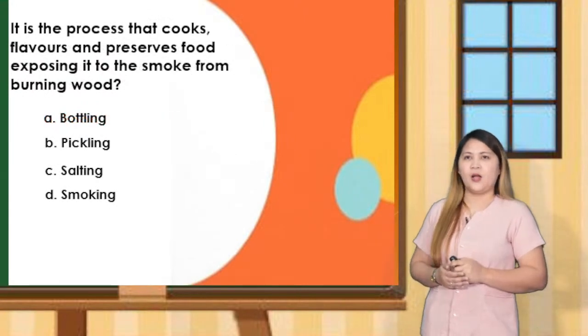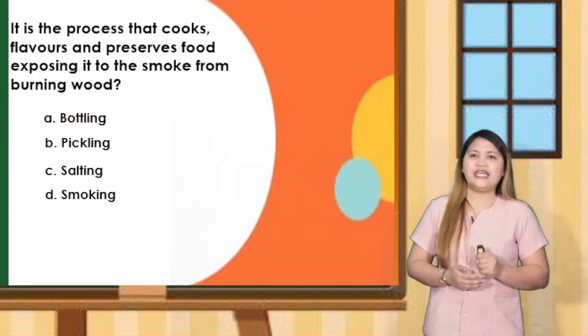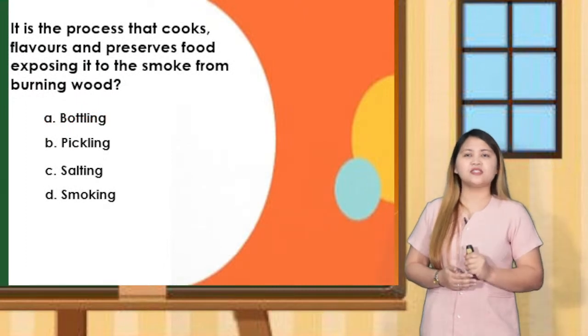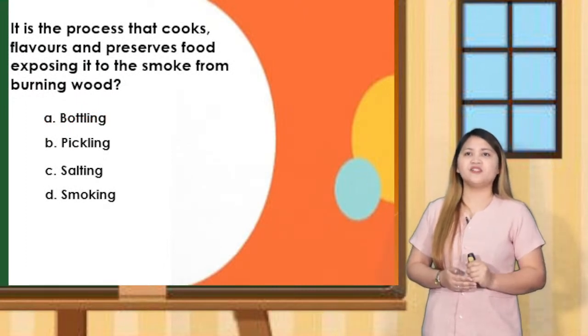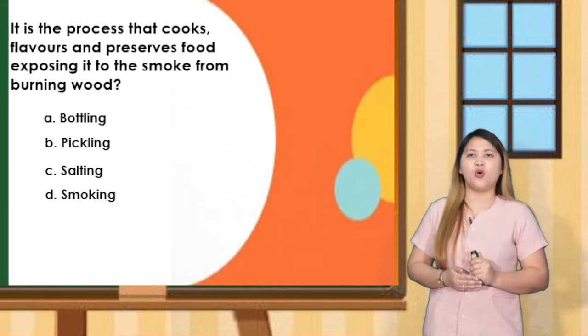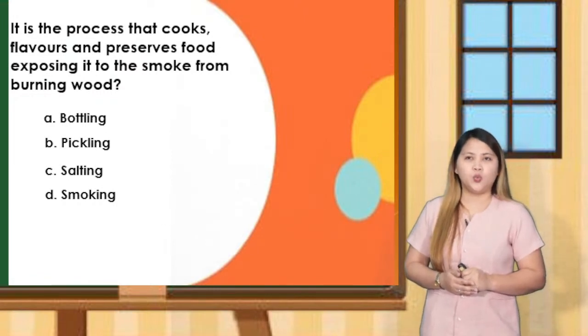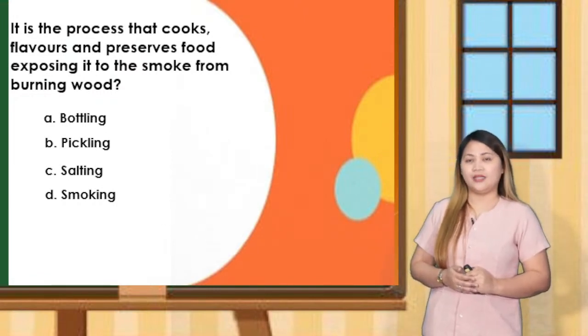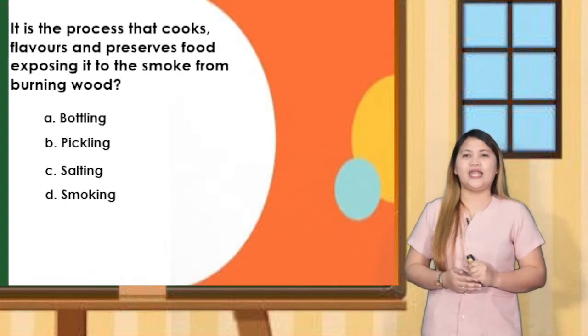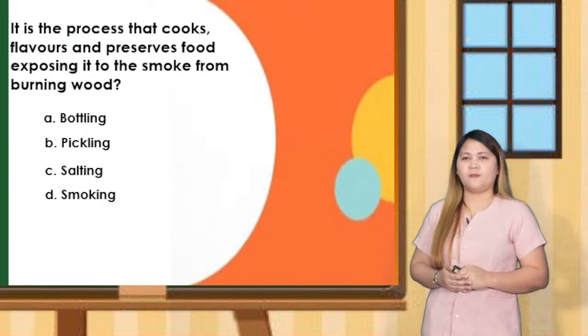Another question. It is the process that cooks, flavors, and preserves food by exposing it to the smoke from burning wood. Letter A, bottling, B, pickling, C, salting, or letter D, smoking.